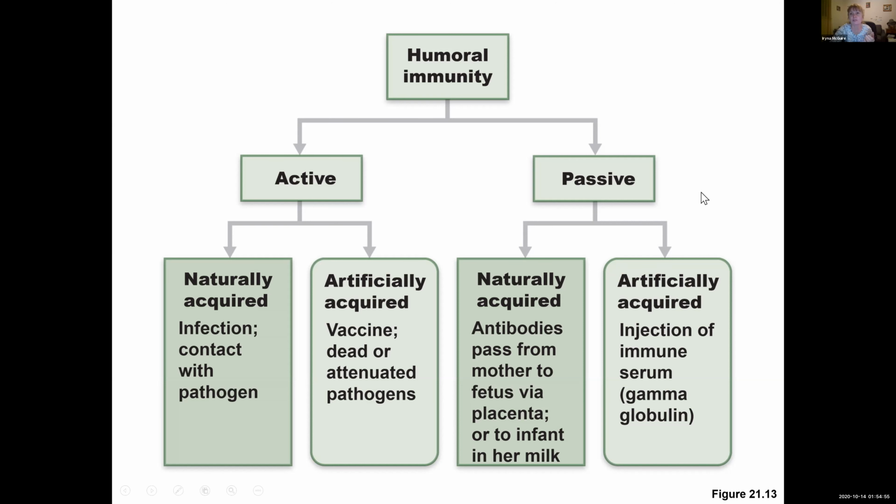Like now what they're doing with the vaccine for COVID-19, and the one that they have in Russia, that America doesn't really think is going to do anything, but this would be humoral immunity, passive, artificially acquired, because in the Russian vaccines that they have right now, they do not have pathogens, they just have these gamma globulins, right?